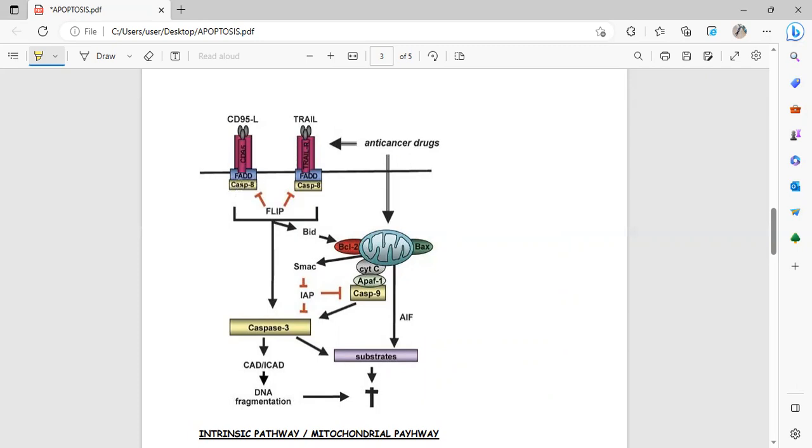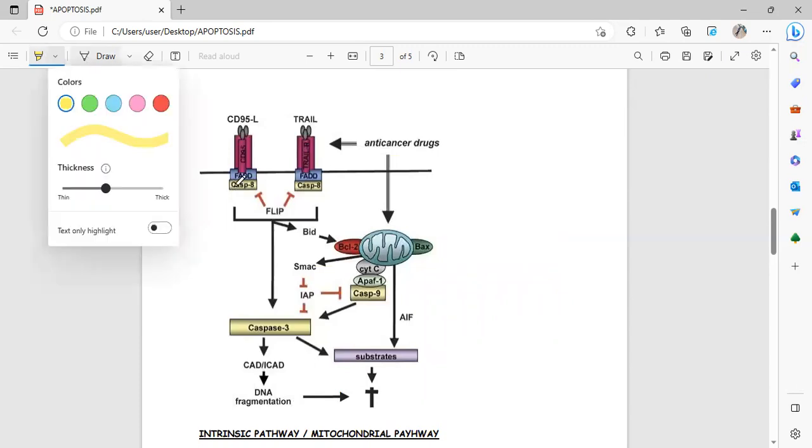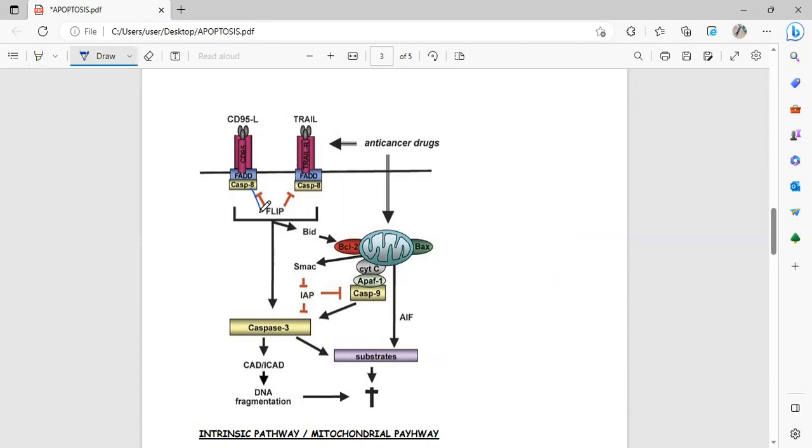So we have said that this caspase 8 can act, look at the pathway. This caspase 8 can act by activating caspase 3, okay? Caspase 3 can act via the CAD and ICAD to bring about DNA fragmentation, okay?